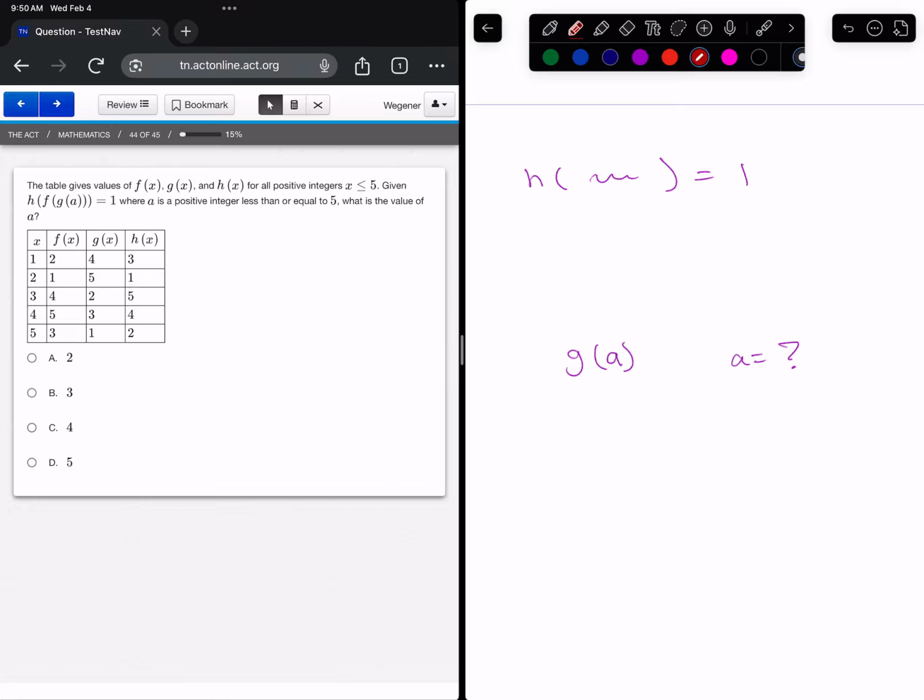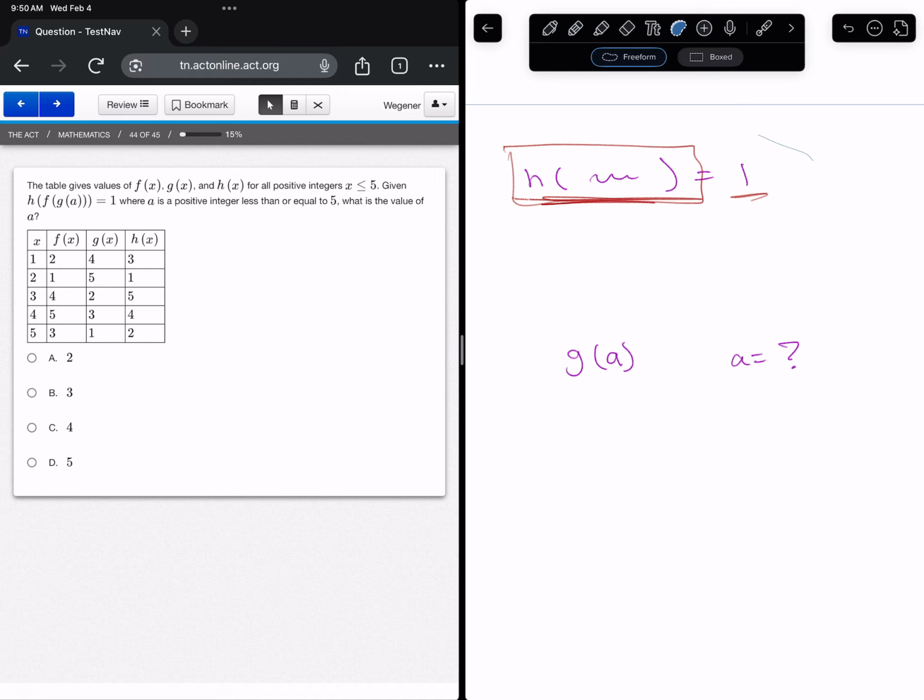We're going to have to work backwards, then inwards. We're going to start off with what value makes the output 1.